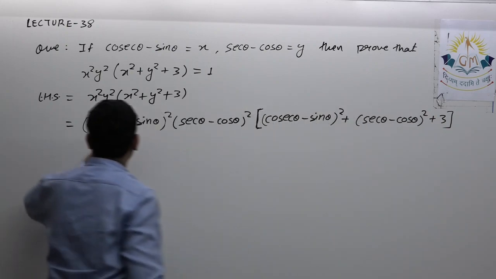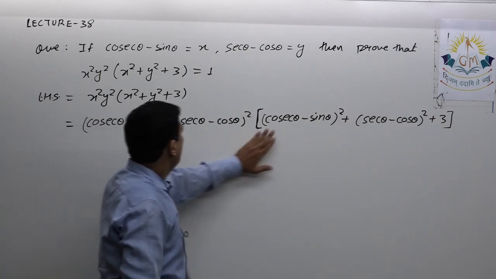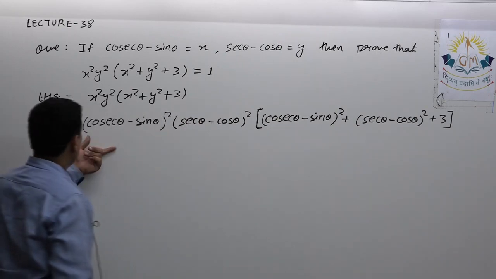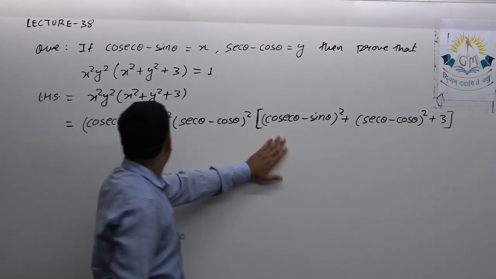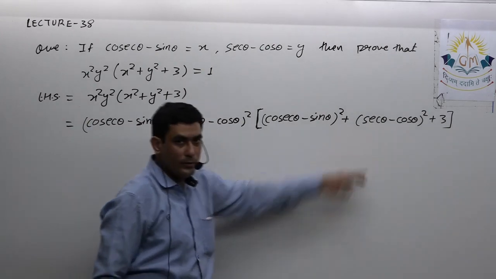I just kept the value of x, y throughout the expression. So x square plus y square, over here again x square plus y square plus 3.